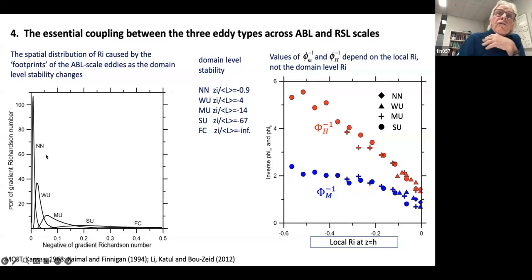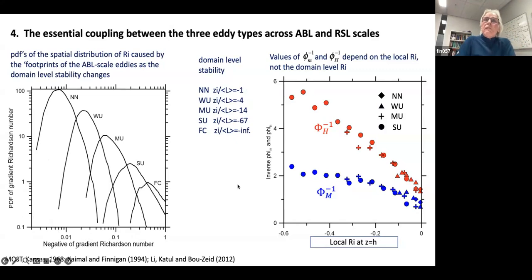And most of the probability for strong shear is in these near neutral domains. And as we make the whole domain, by reducing the geostrophic wind, more and more unstable, then we get more and more regions of strong instability. That's clearer to see if we look at the probability distribution functions on a log scale.